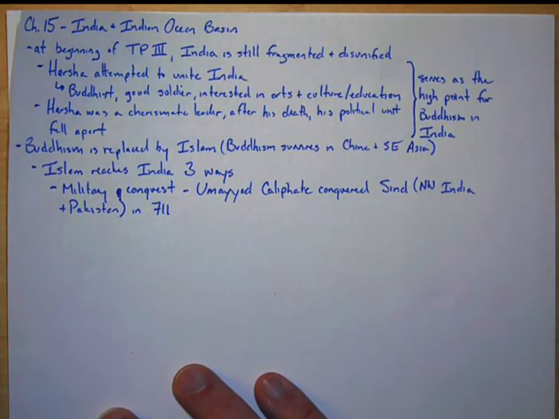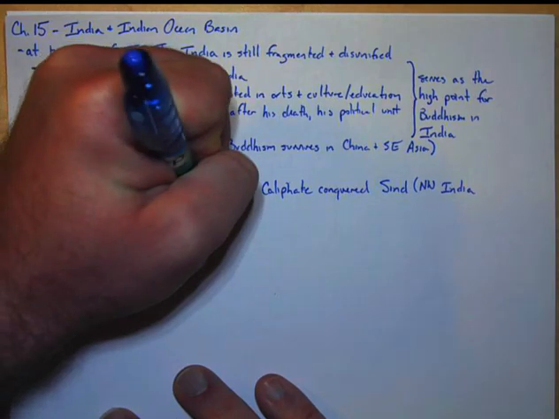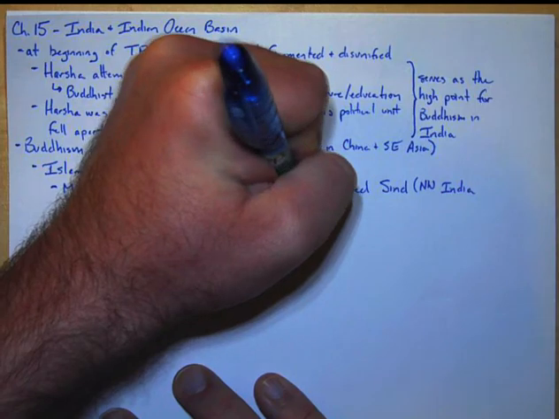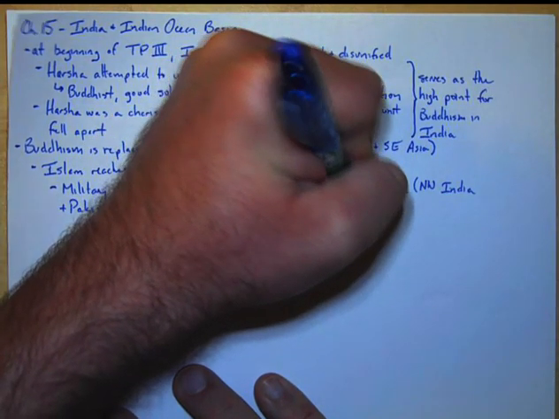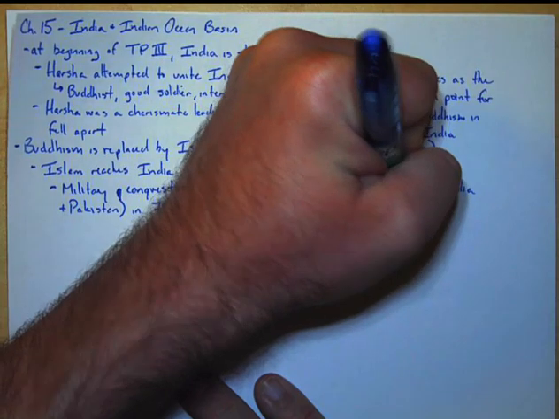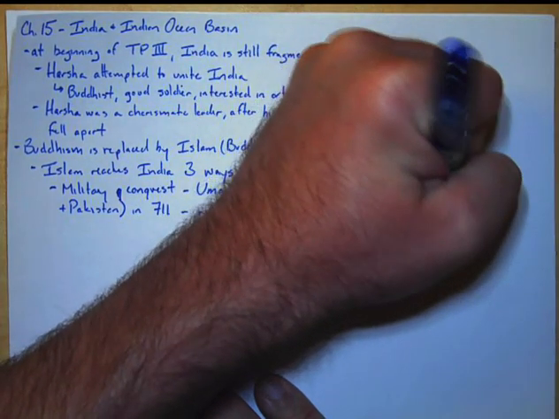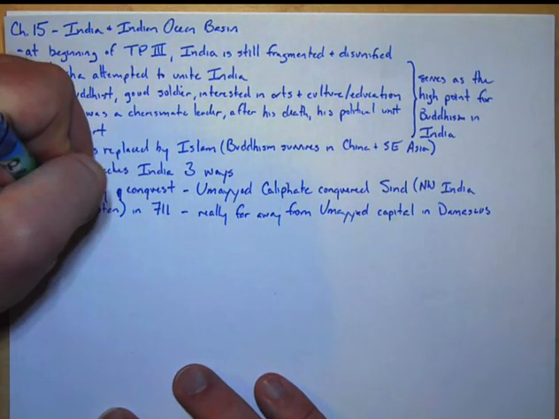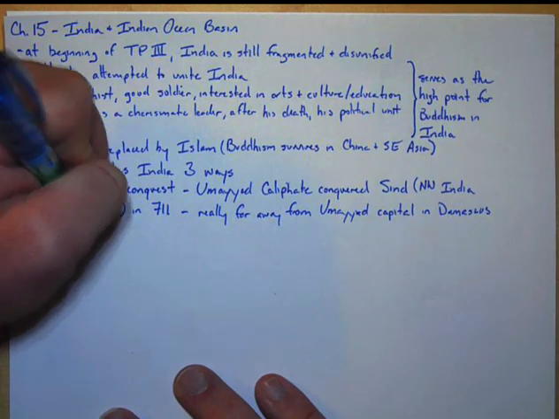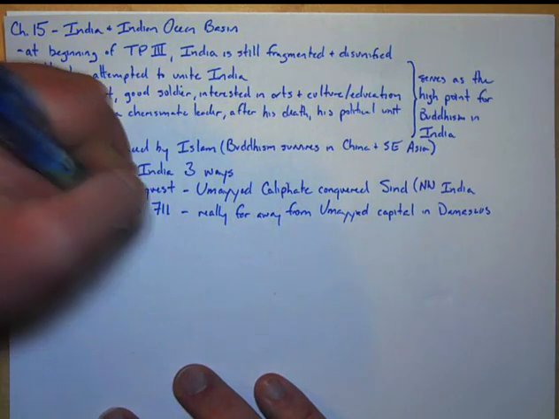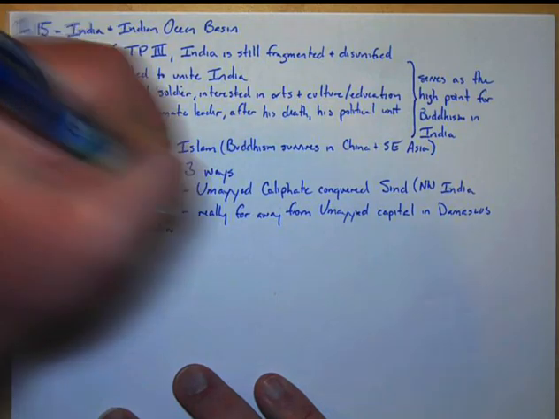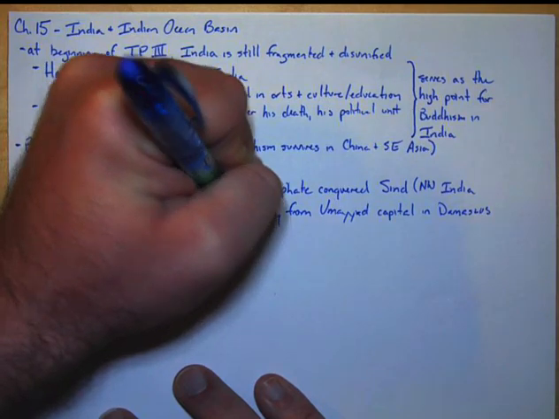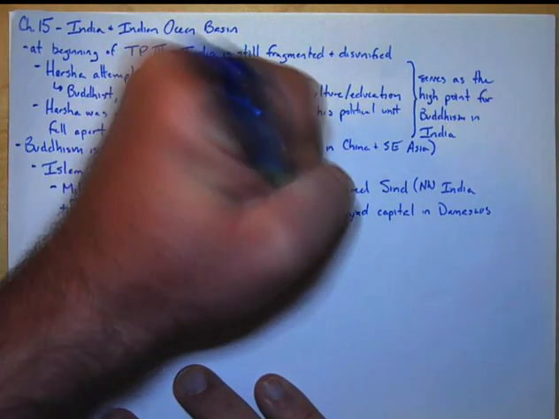So that's one way. Now, this area was really far away from the Umayyad capital in Damascus. So that kind of meant that this part of India, Islamic India, pretty much ruled itself more or less independently.